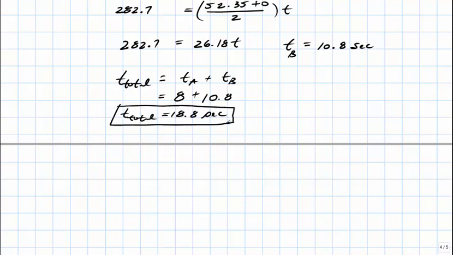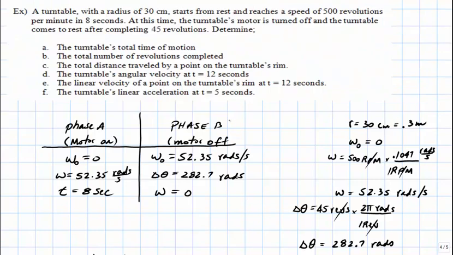Let's take a look at Part B. In Part B, we would like to determine the total number of revolutions completed. Now, revolutions are an inappropriate unit. They do, however, represent angular displacement. And so the strategy is to find the angular displacement in radians first, and then convert the radians to revolutions.